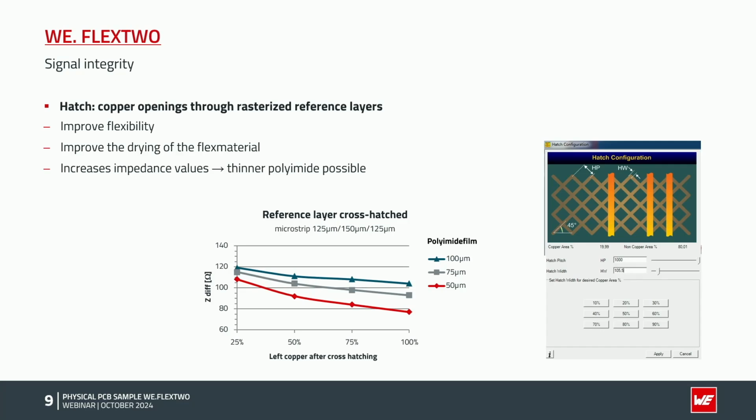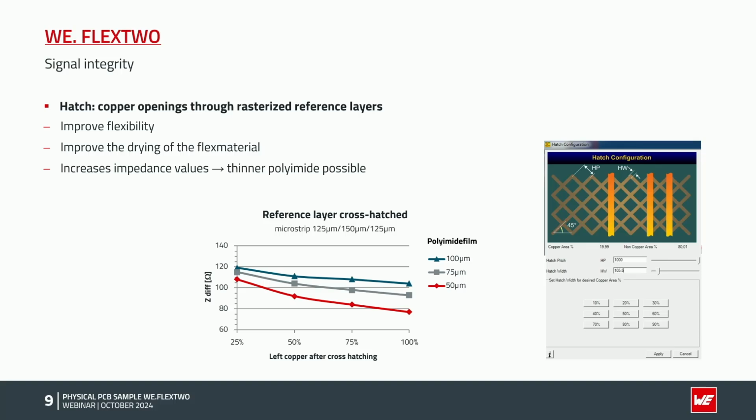So one point, as you can see, that has a very important, high influence on the impedance values is hatching in the flex area. This means we open the copper on the reference layer. You can see it here beneath the traces. This has two main effects.